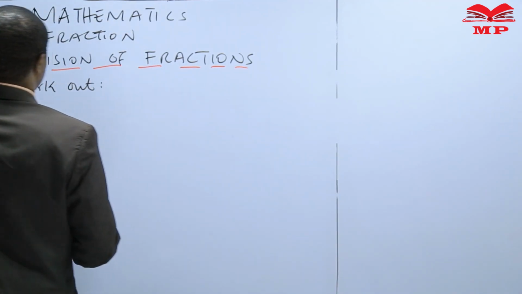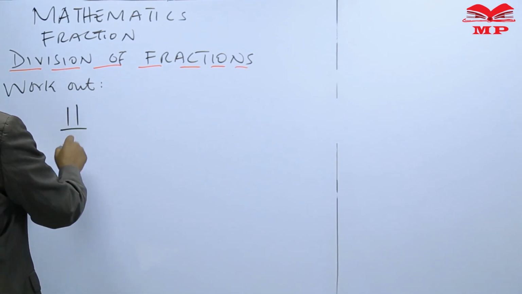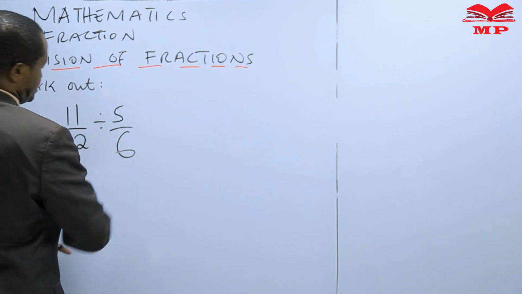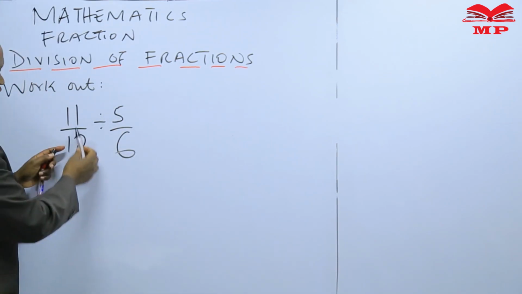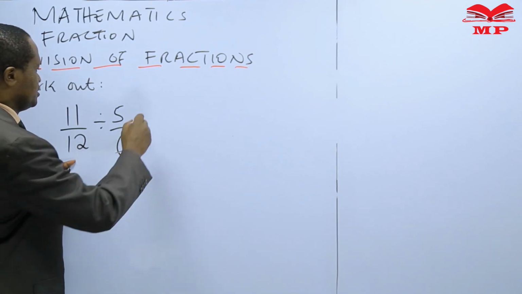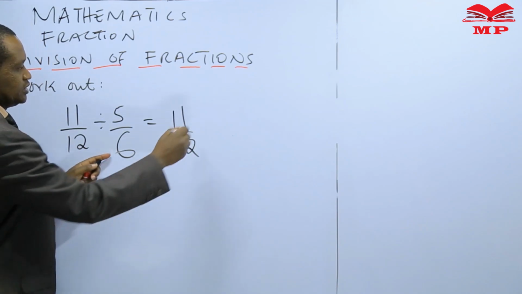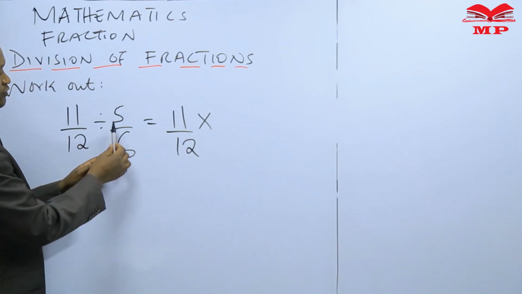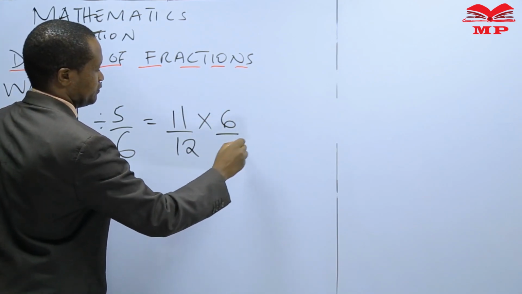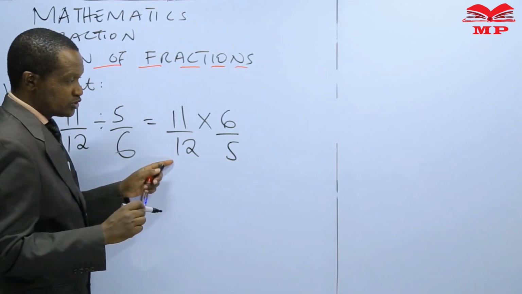Then work out 11 over 12 divided by 5 over 6. 11 over 12 divided by 5 over 6 will be equal to 11 over 12 times the reciprocal of 5 over 6, which is 6 over 5. Then the next step, simplify by cancellation.